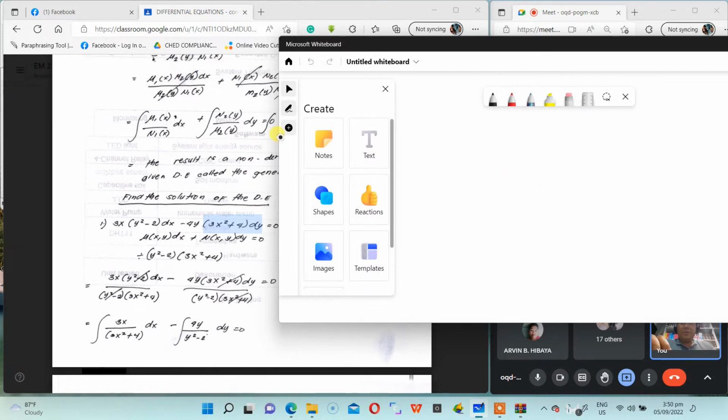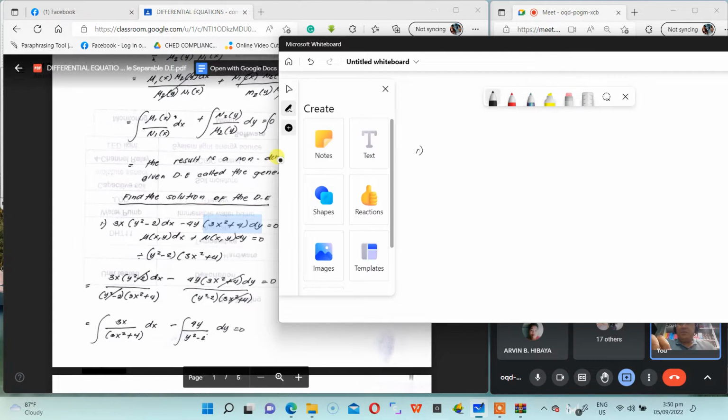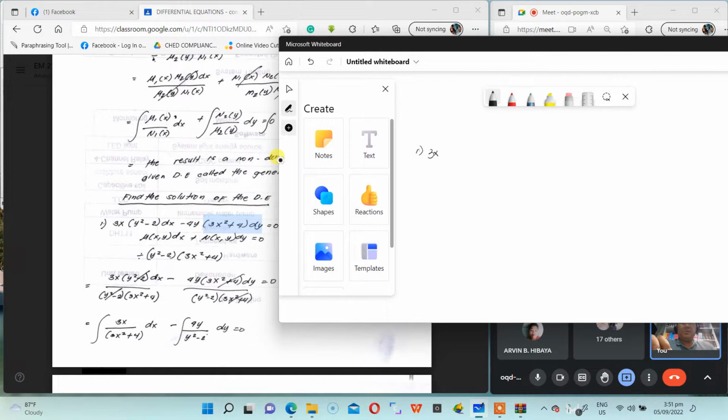So, example 1. We have 3x y squared minus 2 dx minus 4y times 3x squared plus 4 dy equals 0.